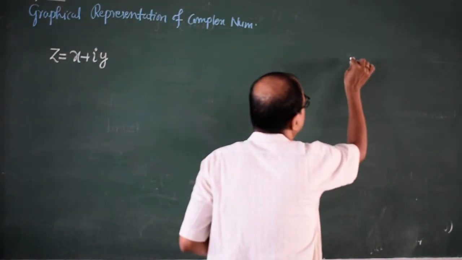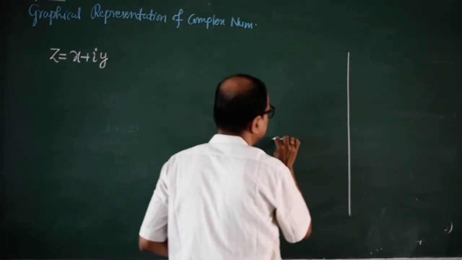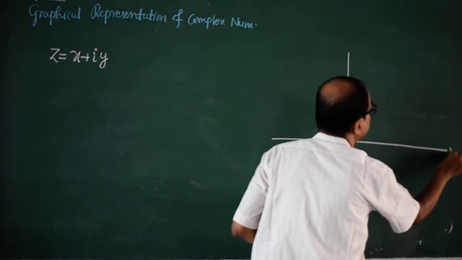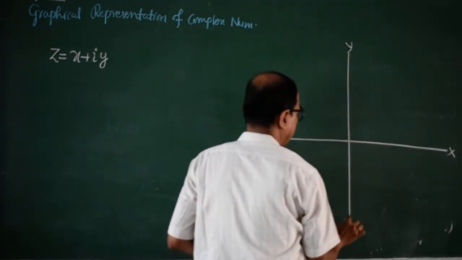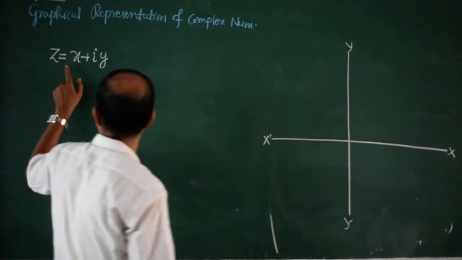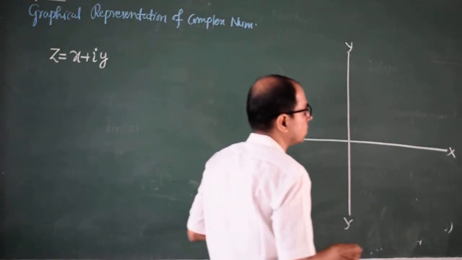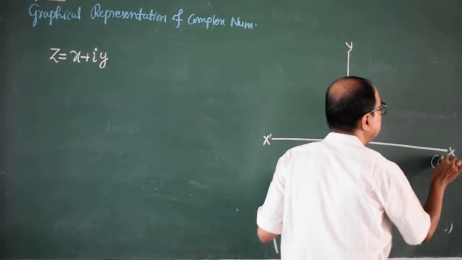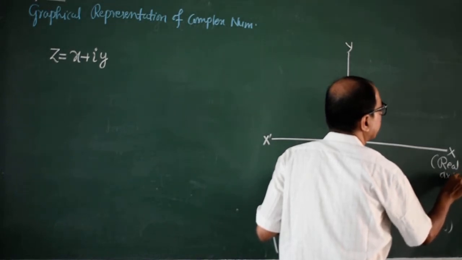So take the y-axis and this is the x-axis. Now the real part of this complex number is plotted on the x-axis. That's why this axis is known as the real axis.